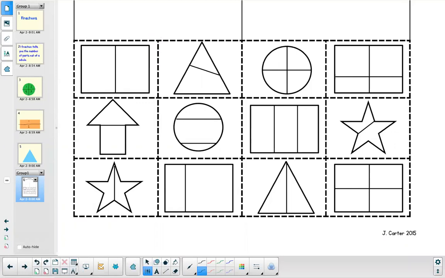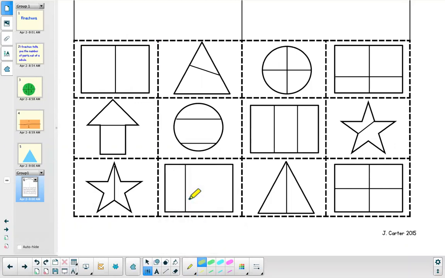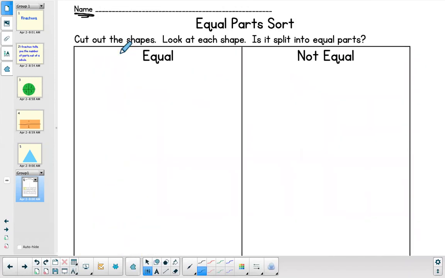I will actually maybe highlight it so we can see it a little bit better. I see that they cut it right down the middle here. So I see one piece here and another part here. Are these two parts equal? They are. Check, they're equal. So then I would cut it out and make sure it goes under my equal column.